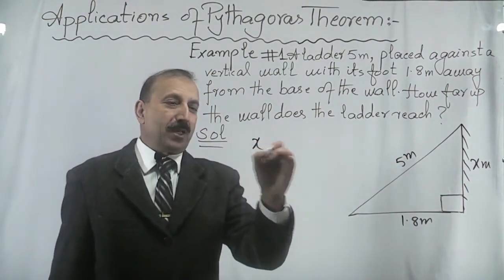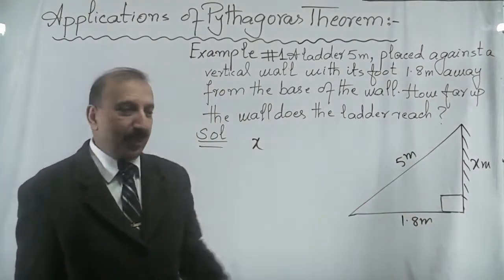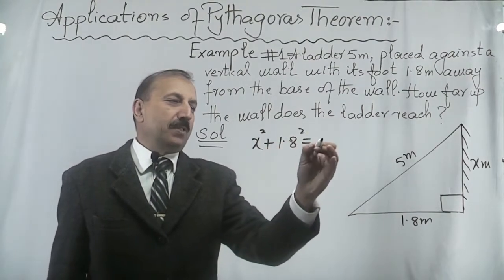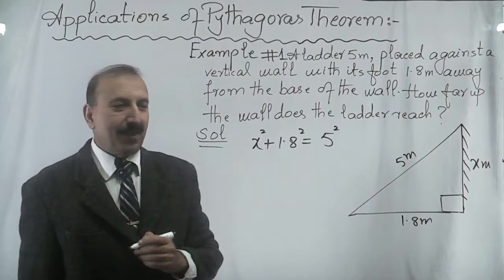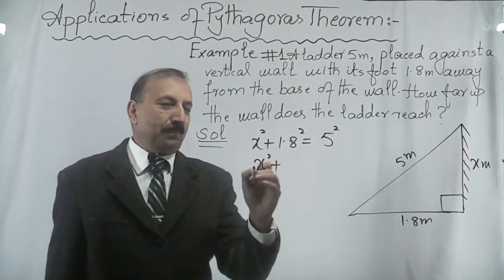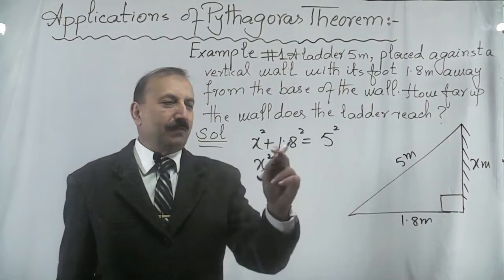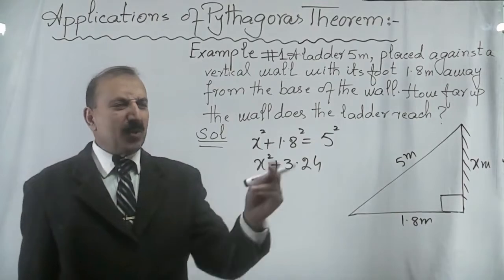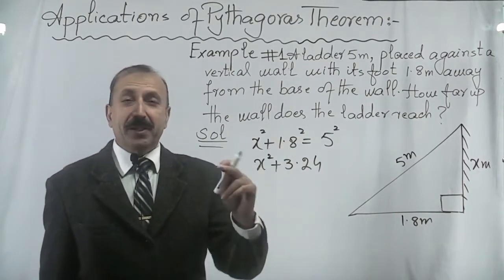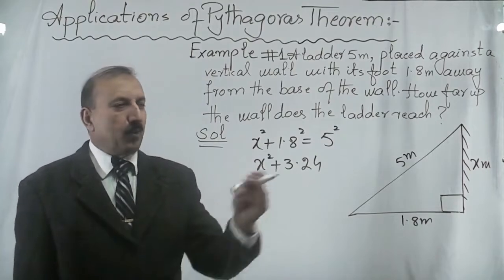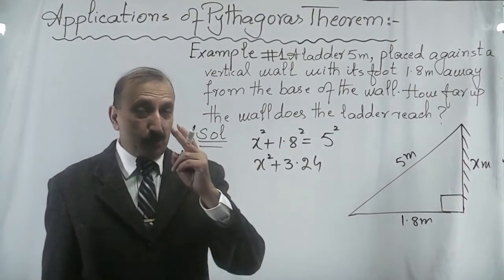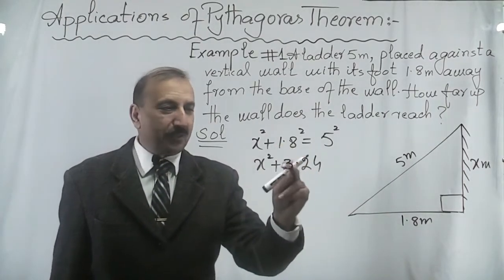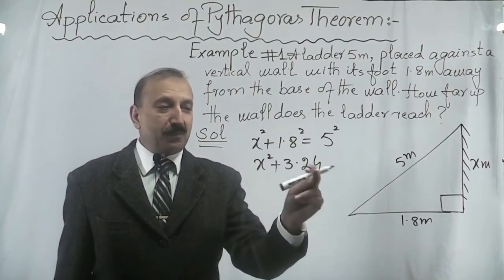Let's start writing from the left side because the unknown is involved on the left side. So x square plus 1.8 squared will be equal to 5 squared, and this x square plus 1.8 square is 3.24, because if we ignore the decimal for a moment, 18 square is 324, and because the decimal jumps up to two digits, after writing the complete value of 18 square, 324, I have inserted the decimal after two digits.